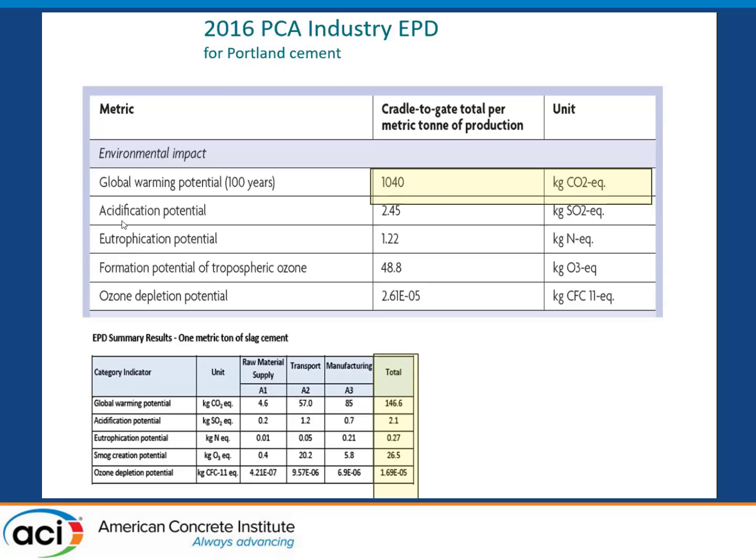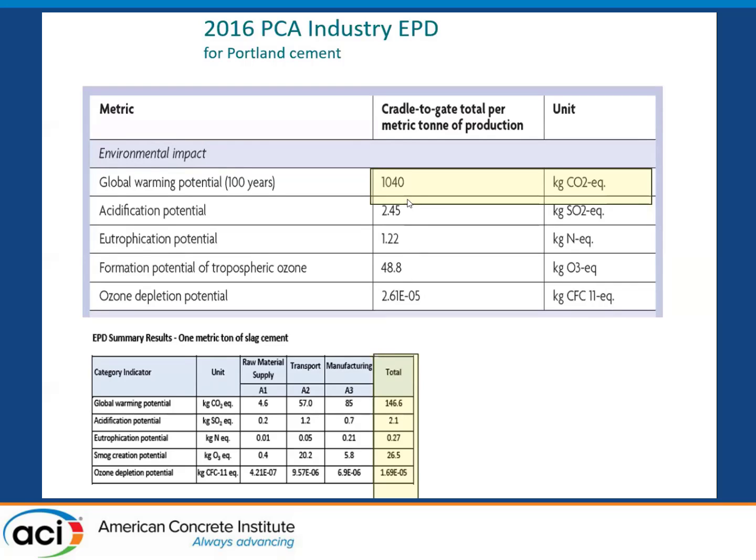When we look at the industry EPD that they did the last time, in 2016, we can see that the global warming potential was about 1,000 kgs of CO2 equivalent per metric ton of cement. Now, when we look at the same thing with slag cement, using the slag cement industry EPD, we can see that the global warming potential is 150, well, technically 146 kgs per metric ton of cement.